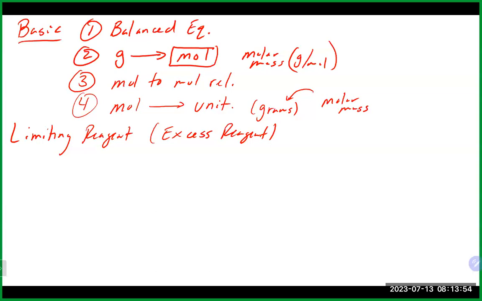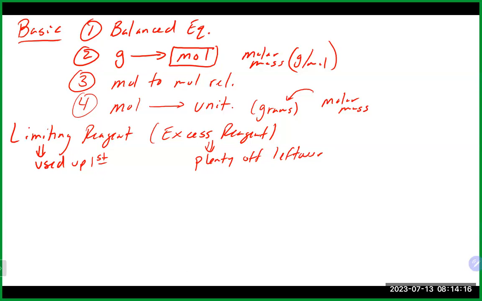There's always some reactant that gets used up first in a reaction, and that is the limiting reagent. So this one gets used up first. This one you have, as we talked about, plenty of, and you'll have some leftover of your excess reagent when the reaction is done.